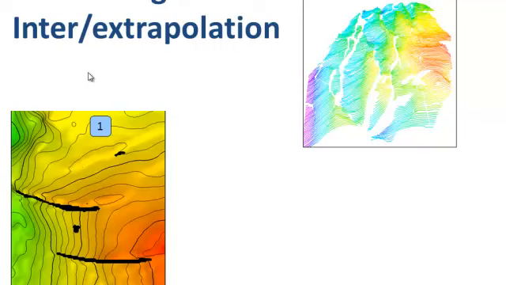That is because there is some uncertainty while interpreting at some areas, at some locations. So it's based on the algorithm of the contouring that helps to interpolate these areas or these places.